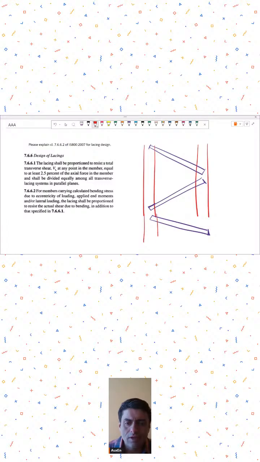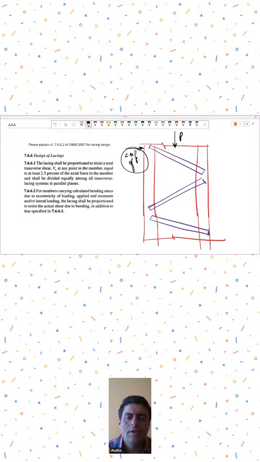Now generally, for how much force do we design this lacing? If this column is subjected to axial load, then what is the force that we design the lacings for? So we take a notional load, assumed load of 2.5% of P.